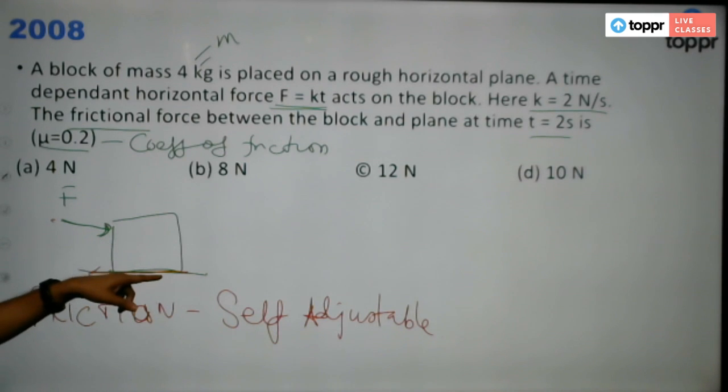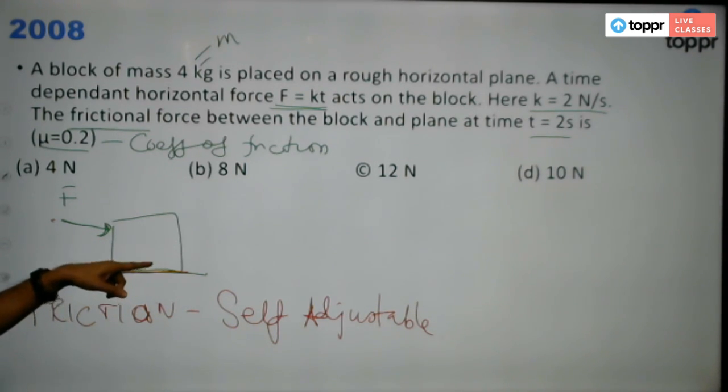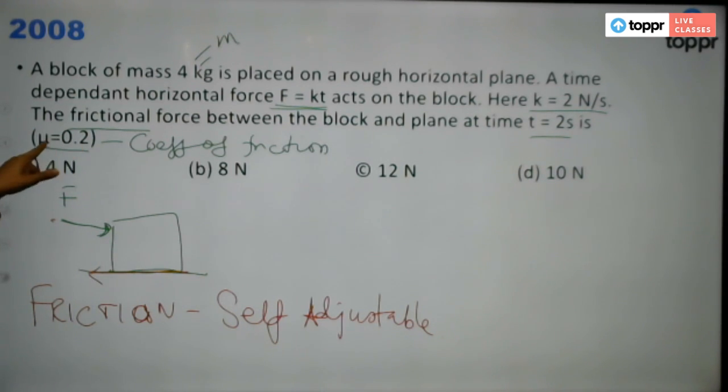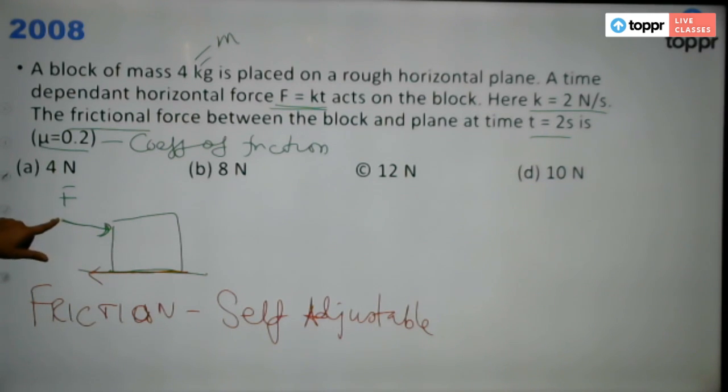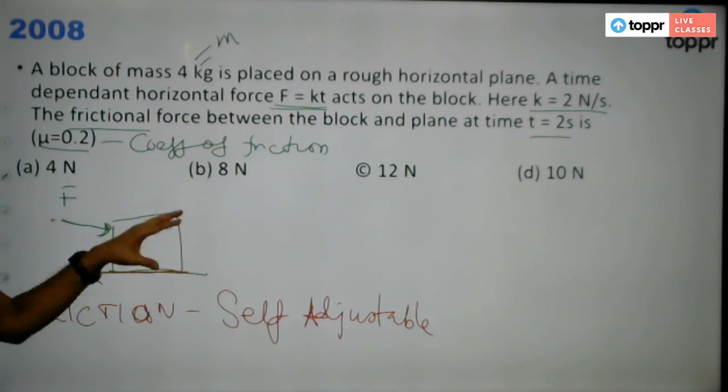But there is a maximum limit of that. That is called the maximum static friction. That depends on mu. And before reaching that, the frictional force will be equal to the force that you have applied.